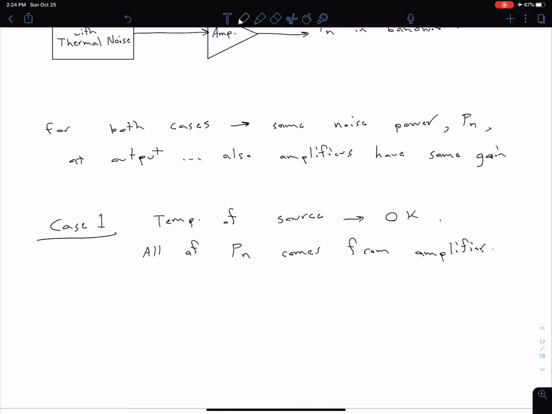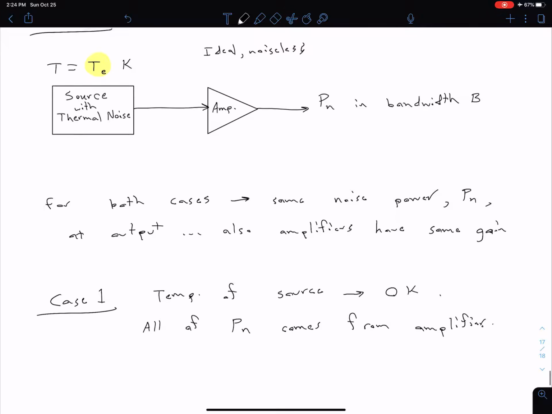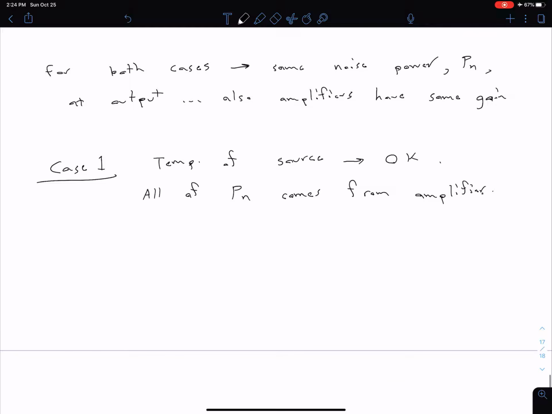In case 2, remember we have this ideal noiseless amplifier, so no noise is introduced by it.